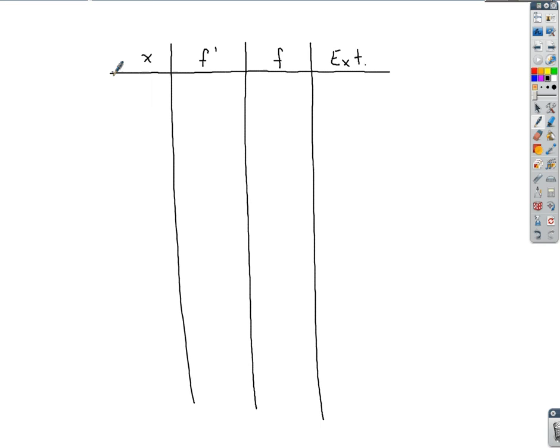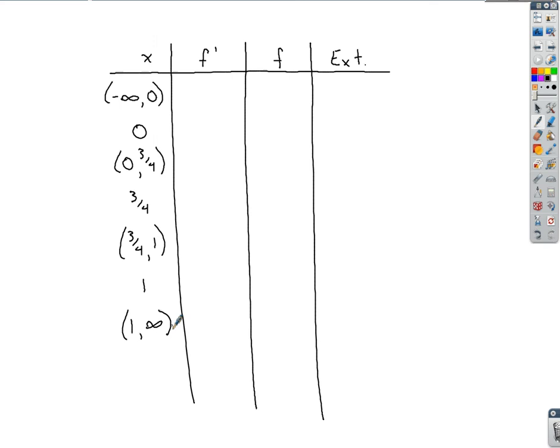So we're starting at negative infinity. We are working our way up to the first critical number we found of 0. We're pausing at 0. We're going from 0 to 3/4 next. We're pausing at 3/4. We're going from 3/4 to 1. We're pausing at 1. And then we have no more critical numbers, so we go up to infinity.